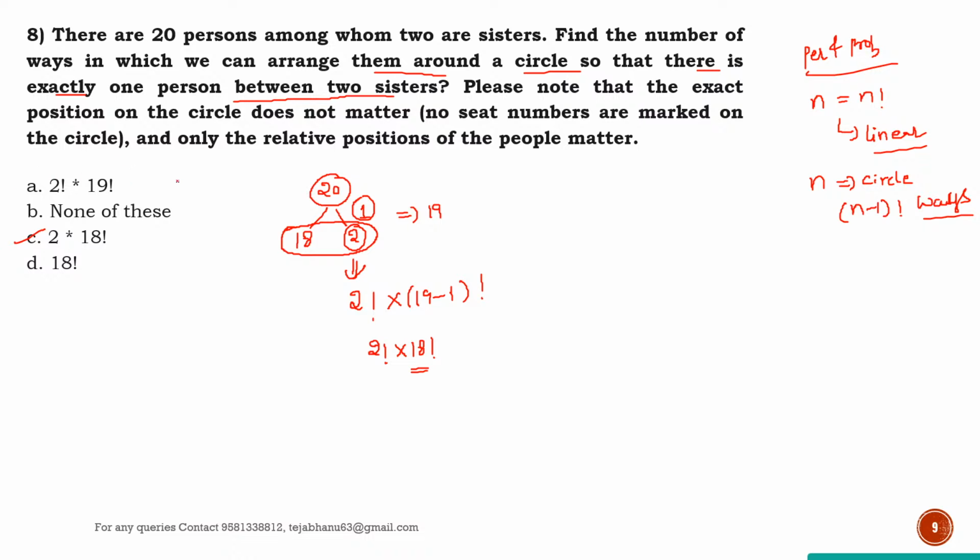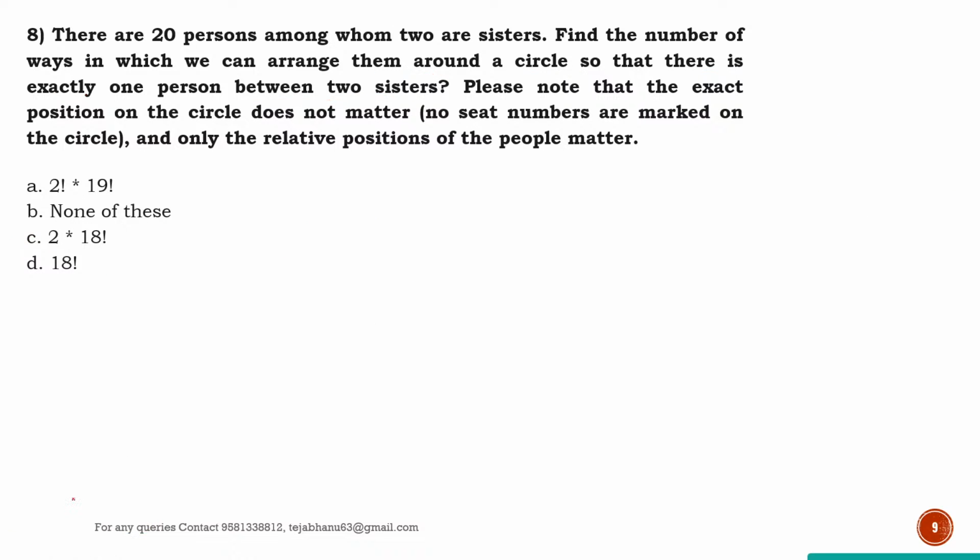See, have a look. I'll explain once more. There are 20 persons among whom two are sisters.